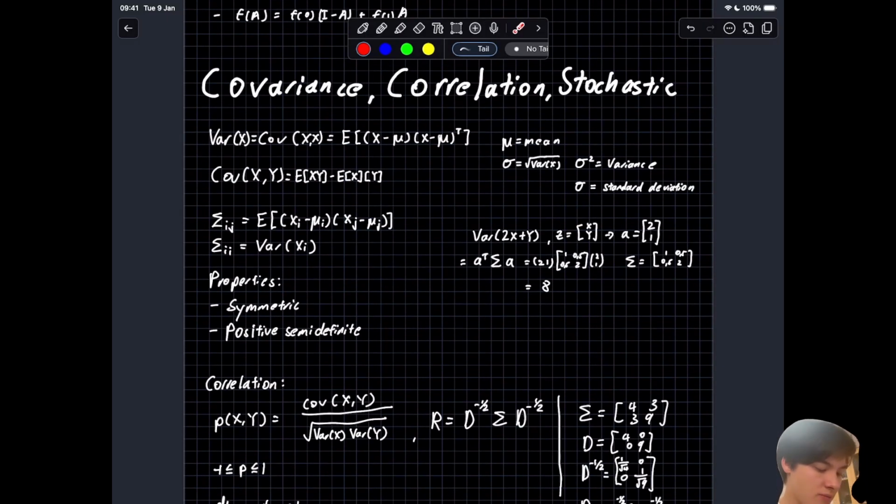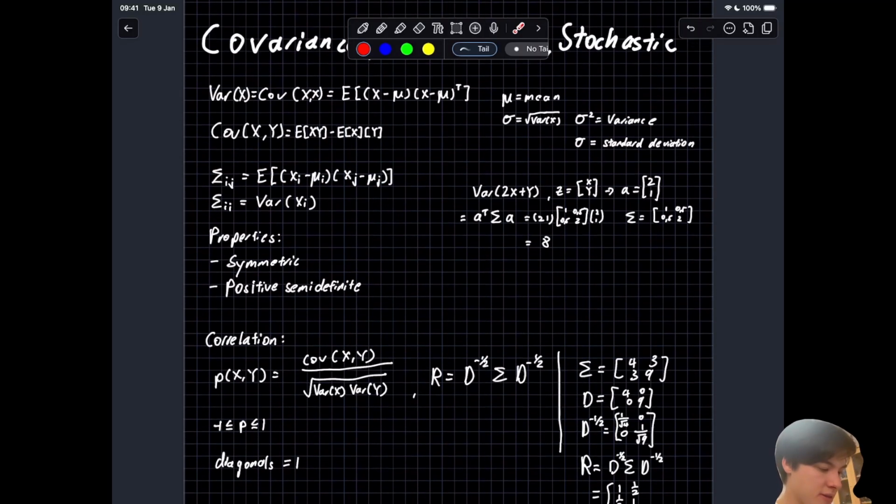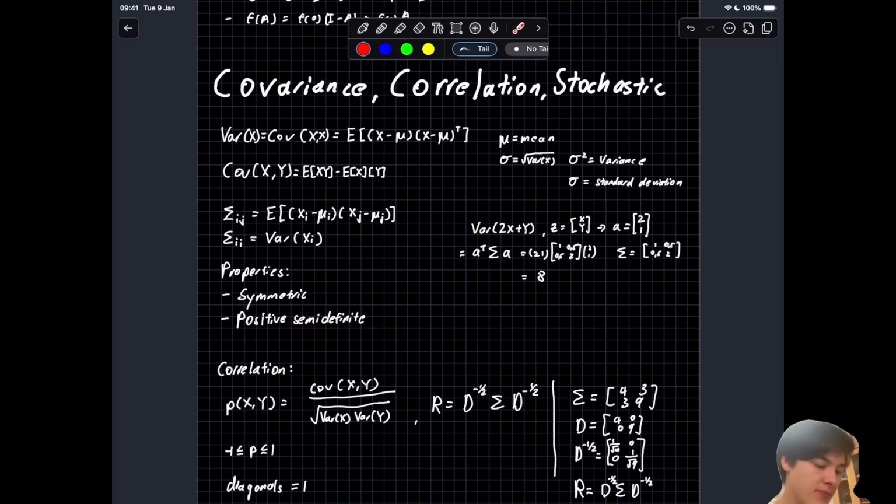And yeah, we can write this in matrix form. So on the diagonal, we have the variances, and here we have the covariances. The property of this is it's symmetric and it's positive semi-definite. Oh yeah, this means the mean, and this is the variance, sigma squared, and then just sigma is the standard deviation.